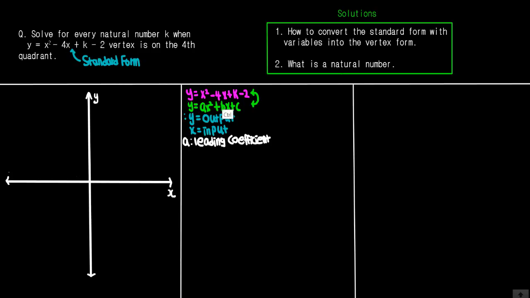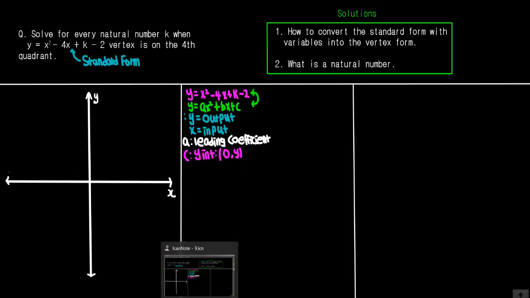Now let's think about what c is. c is the y-intercept in the standard form. If you convert the y-intercept into a coordinate, it is (0, y), which means when the x value, our input, is equal to 0, our output, the y value, will exist. This is what the y-intercept means.